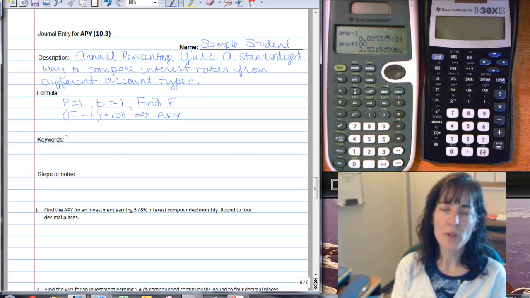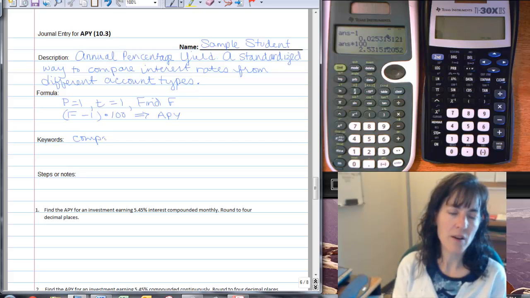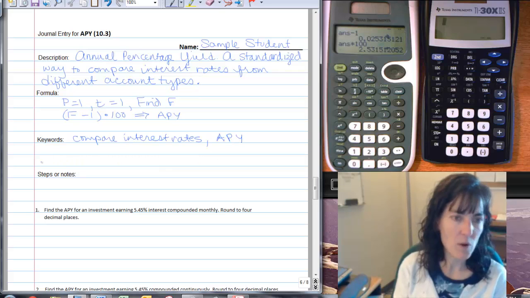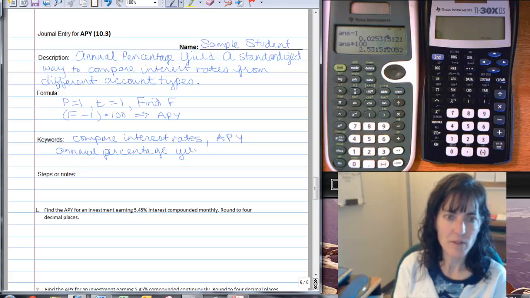Okay, so keywords that tell you that you need to find the APY would be things like compare interest rates, or you might see actually APY, find the APY, or find the annual percentage yield.